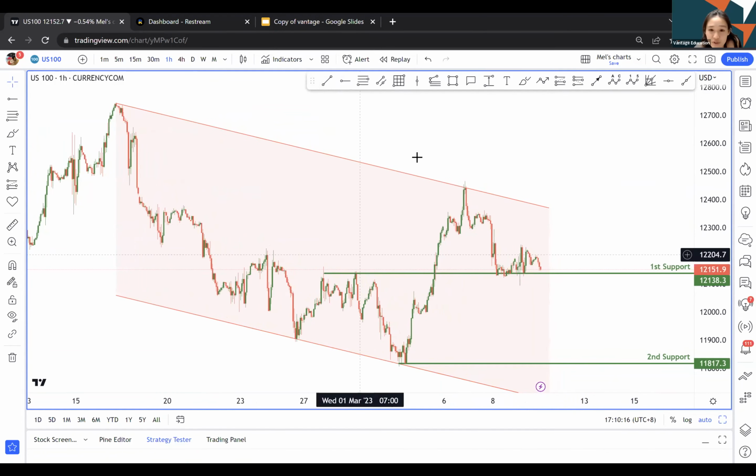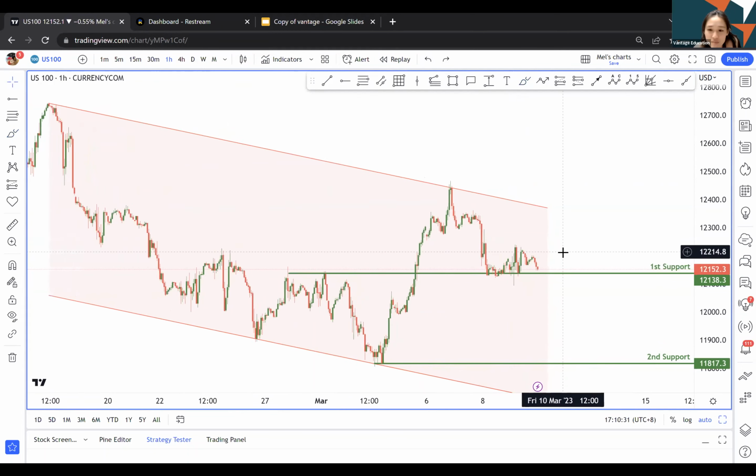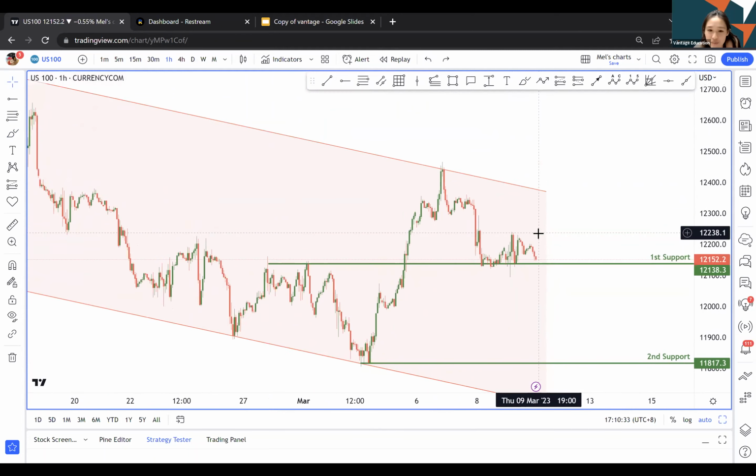So for our first support, this is an overlap support since price touched swing high over here, and it also touched swing lows as well. Okay, we can see price is already kind of approaching our first support.